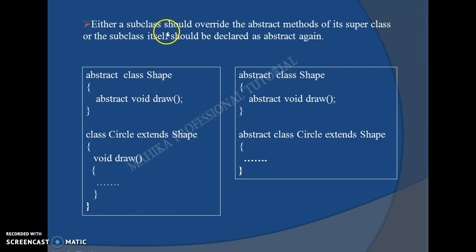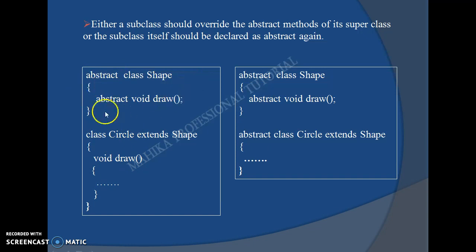Either a subclass should override the abstract methods of its superclass, or the subclass itself should be declared as abstract again. That is, if we have a class which is abstract and it has one abstract method, then whenever we create any subclass for this, that subclass mandatorily needs to override the abstract methods.